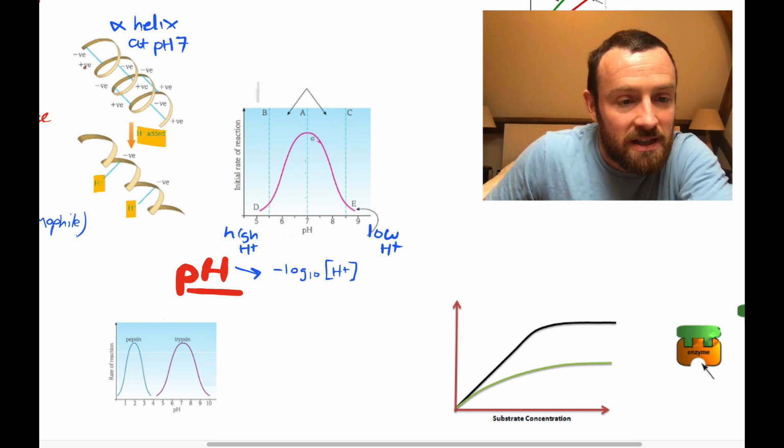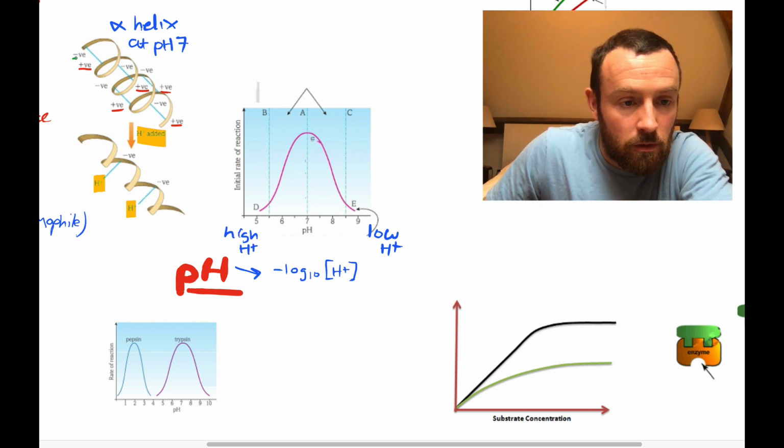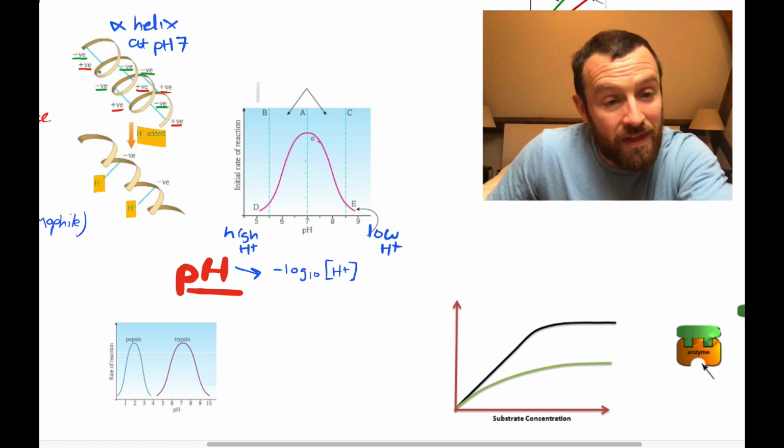So before, we can see that there are interactions between, let's highlight these positive charges, I'll underline these in red, and the negative charges, which I'll underline in green. These are basically hydrogen bonds between the negatives and positives within that chain.